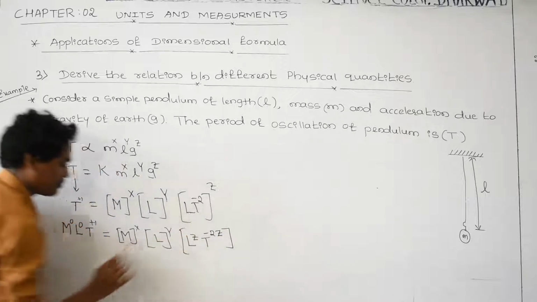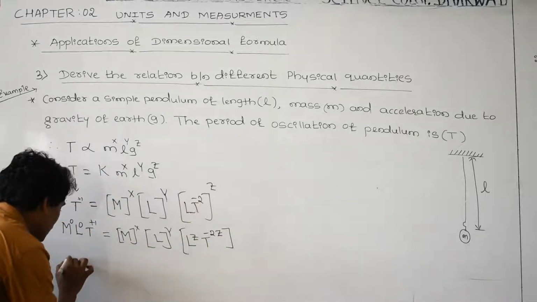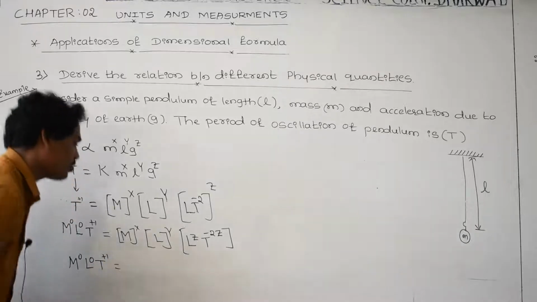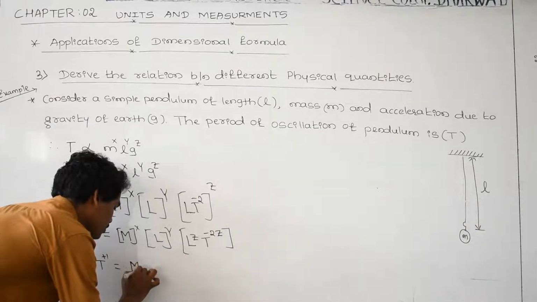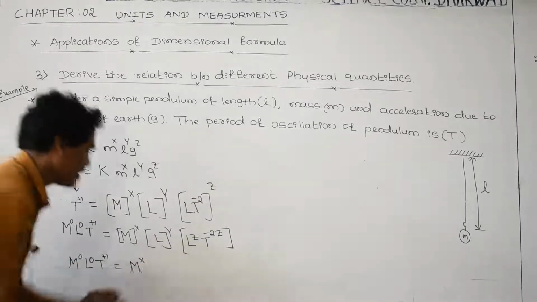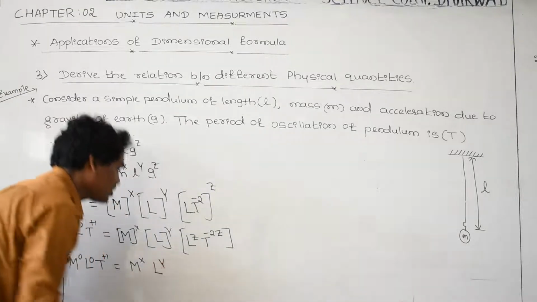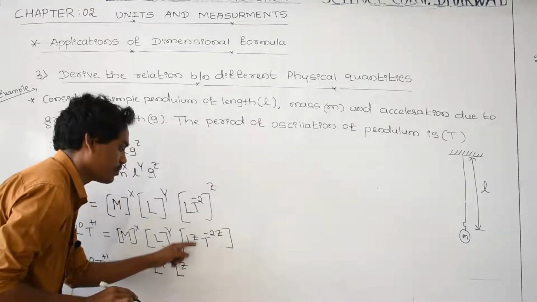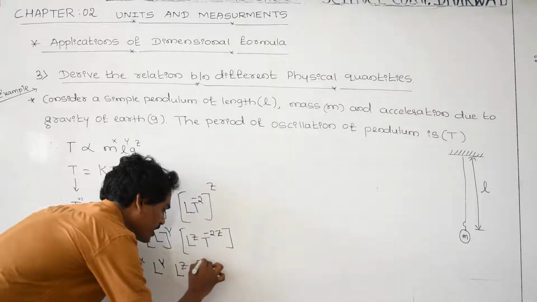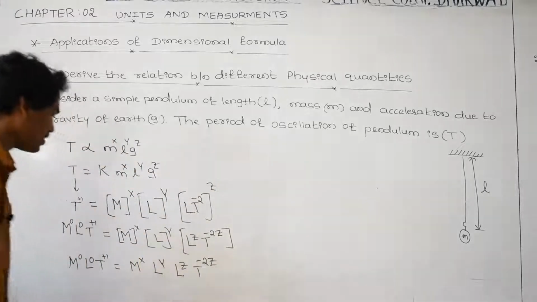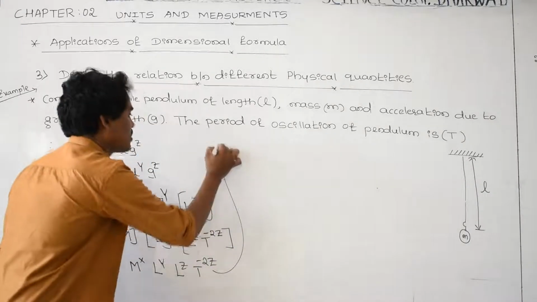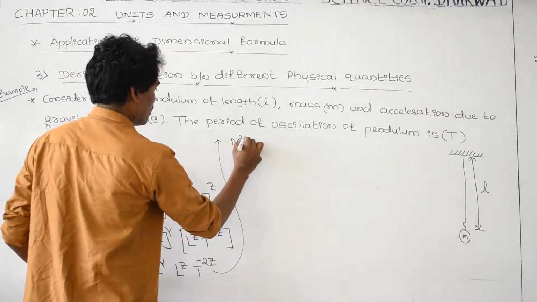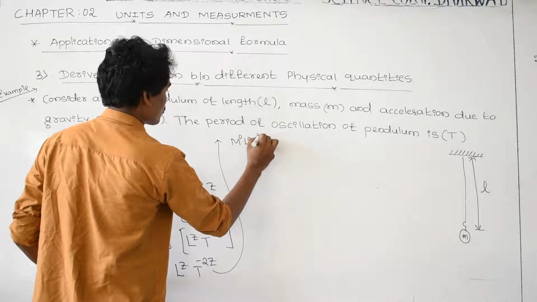And let us take M raised to 0, L raised to 0, T raised to plus 1. This is equal to M raised to x, L raised to y, L raised to z, then T raised to minus 2z. Let us see. I am writing here M raised to 0 as it is, L raised to 0 as it is, T raised to plus 1.